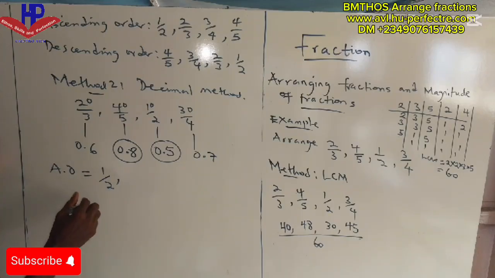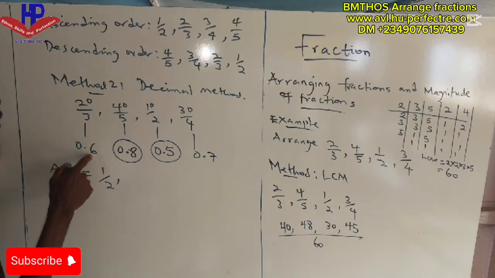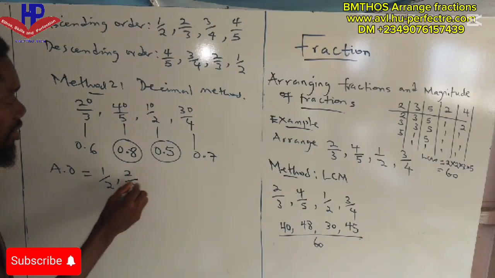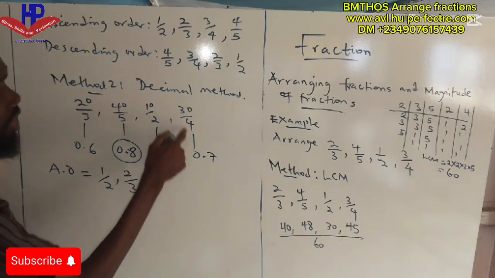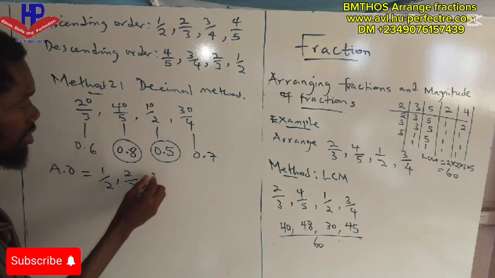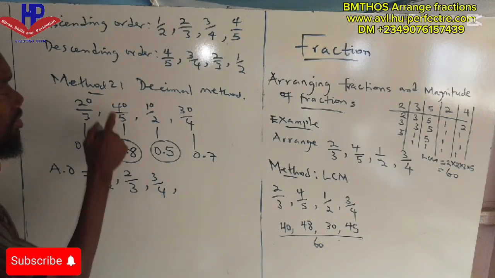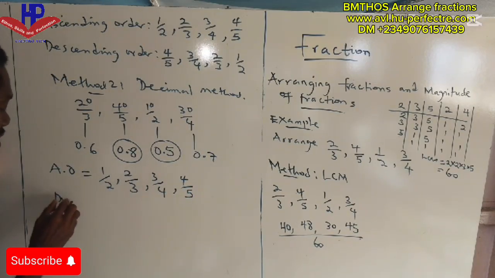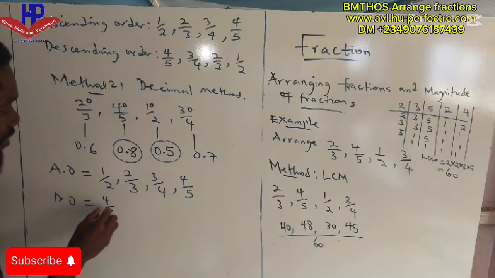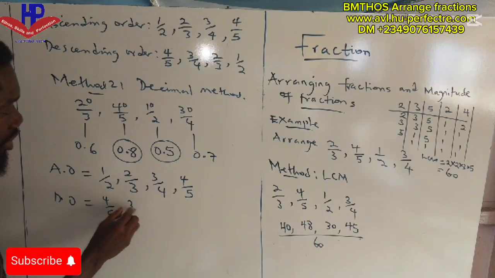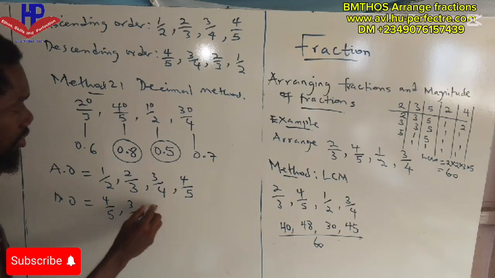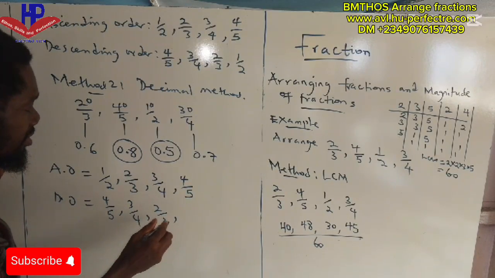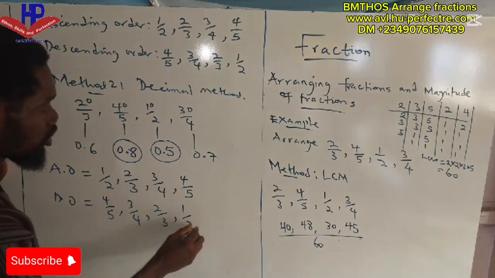After 1 over 2, 0.6 will follow, which is 2 over 3. After that, 3 over 4, which is 0.7. And after that, 4 over 5. In descending order, it will be 4 over 5, 3 over 4, 2 over 3, and 1 over 2.